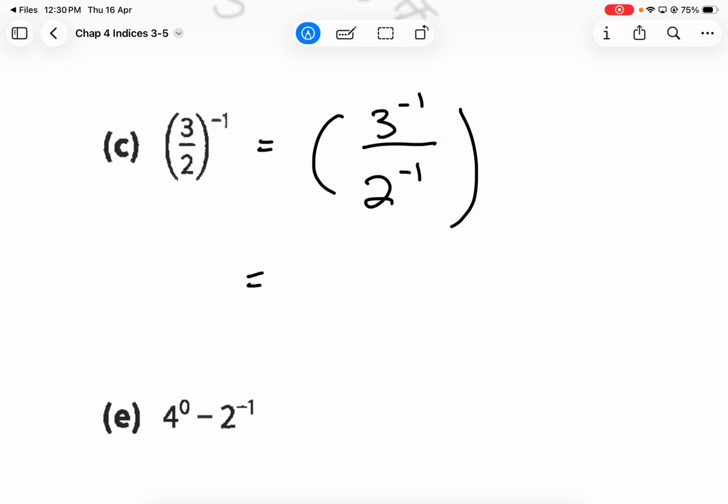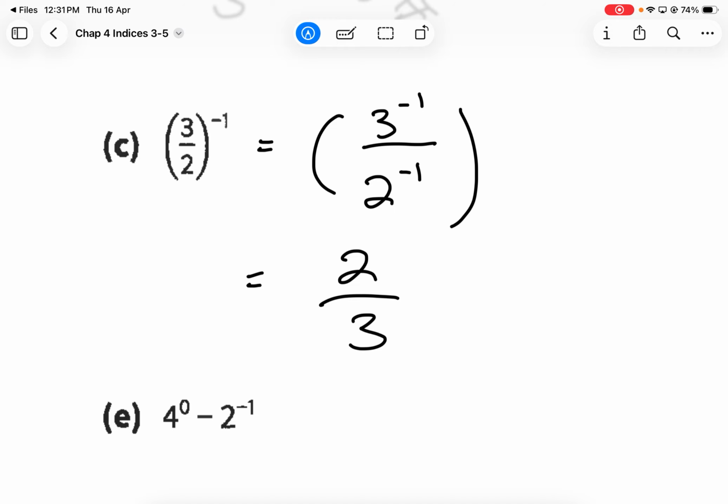And then, if I want positive power, my 3 power negative 1, I need it to go to the bottom. Then it will become positive power 1. Then my 2 negative 1, I need it to go to the top. Then it will become positive power 1. So from this, we need to be able to see that when we have a negative power to a fraction, it actually flips the fraction.